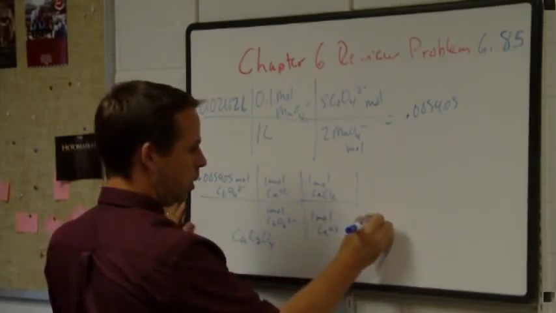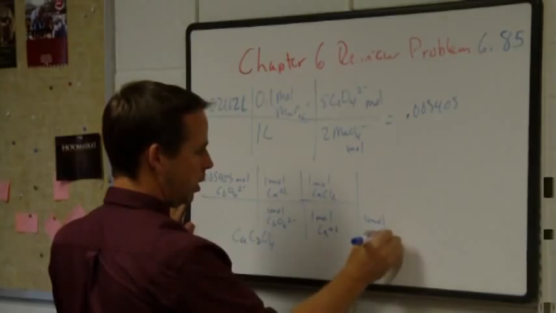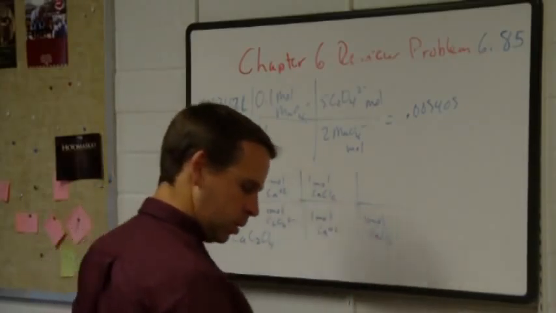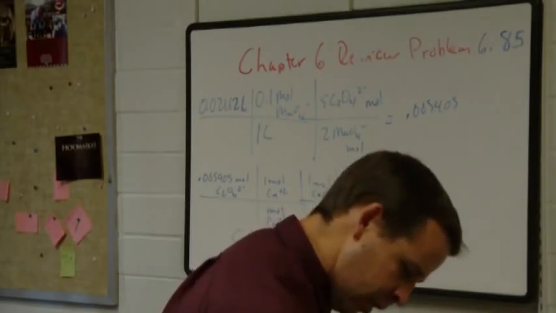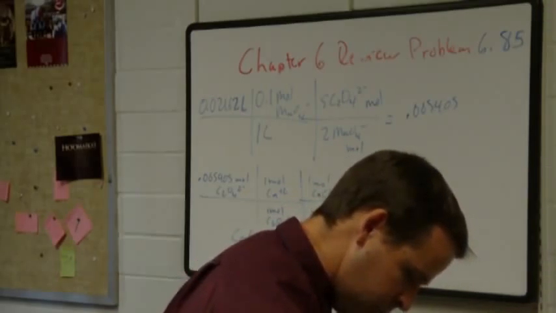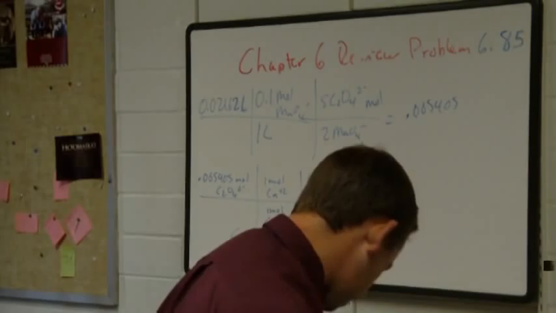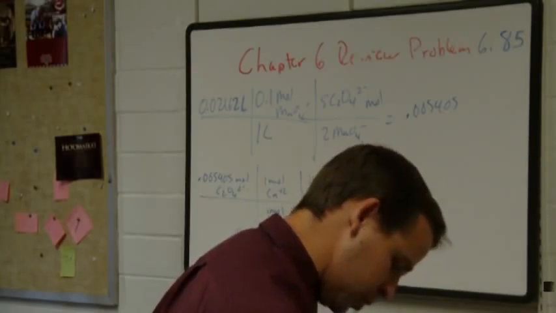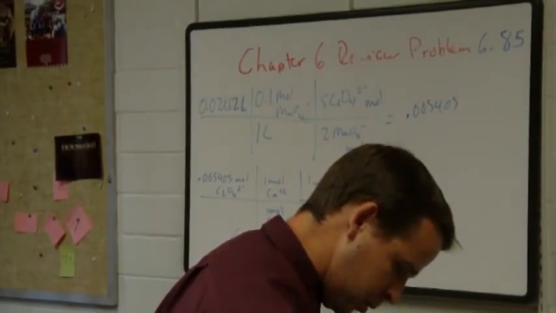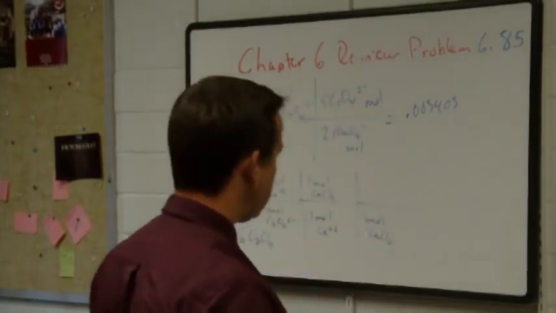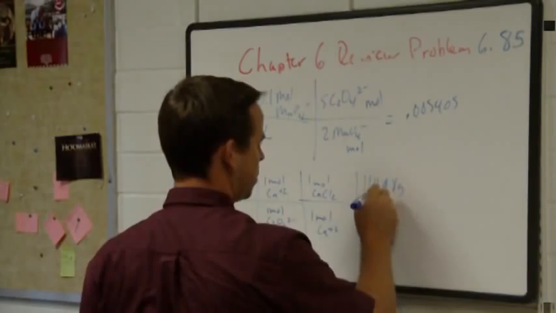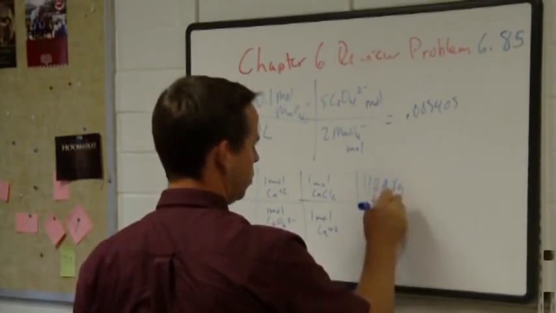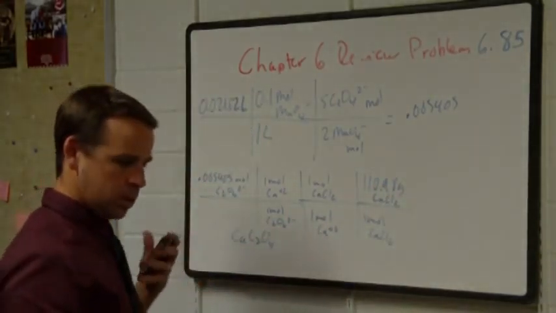And 1 mole of calcium chloride has a mass of what? Chloride, 35.45 times 2 plus calcium, 40.08. So 110.98 grams of calcium chloride for every mole of calcium chloride.